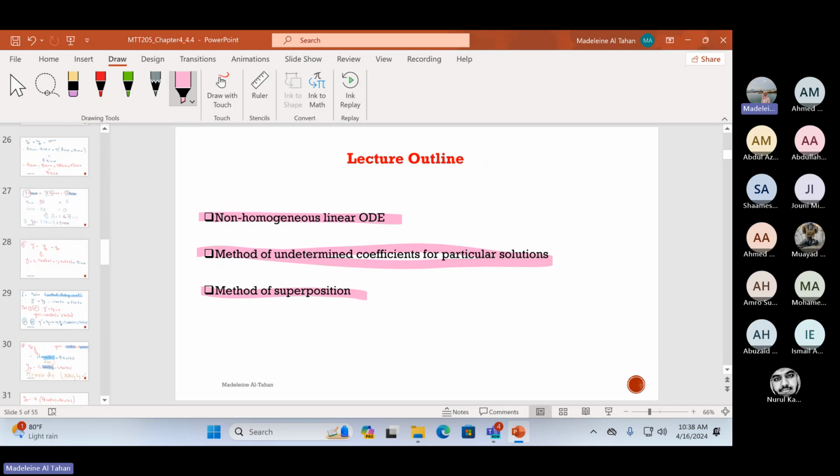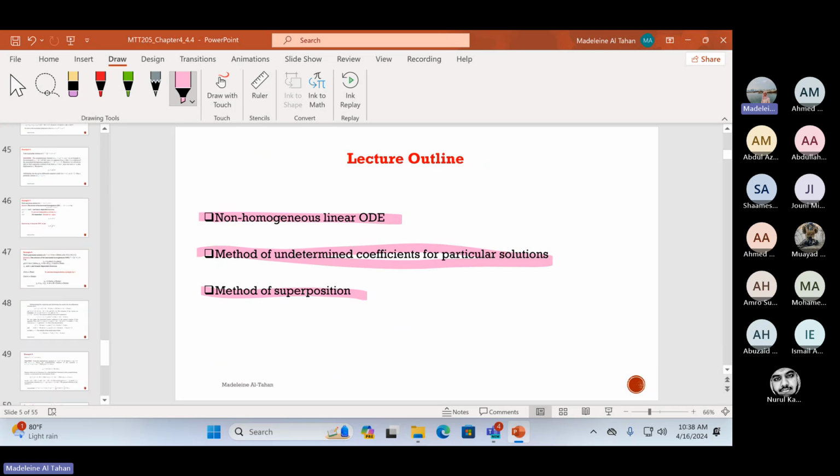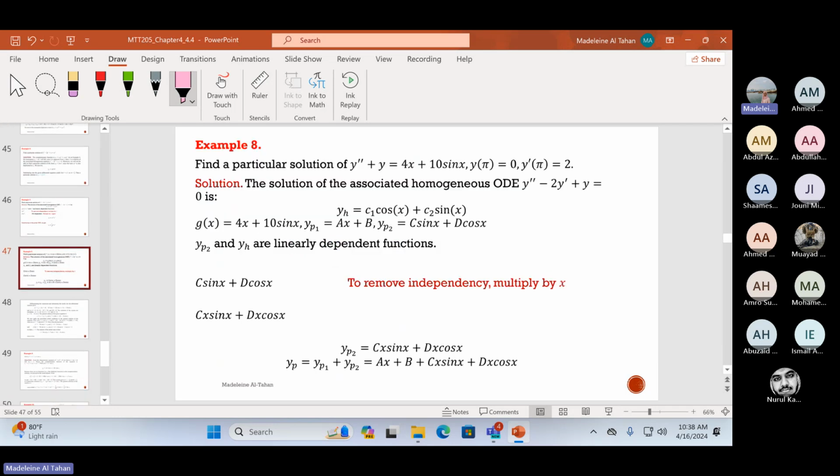To make sure that we understood the last part, let's think about this exercise. I need this exercise without the initial condition. So just y double prime plus y equals 4x plus 10 sine x. Please think about it. Determine your homogeneous one and determine your g of x.